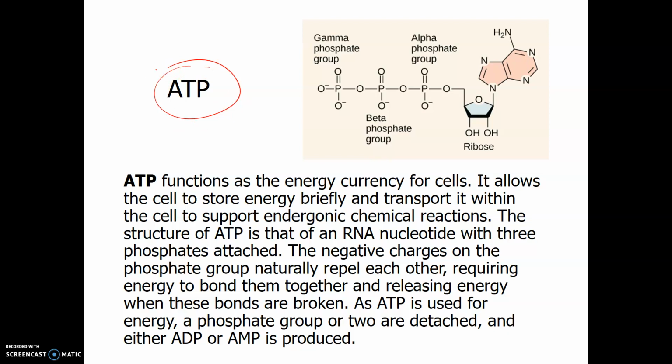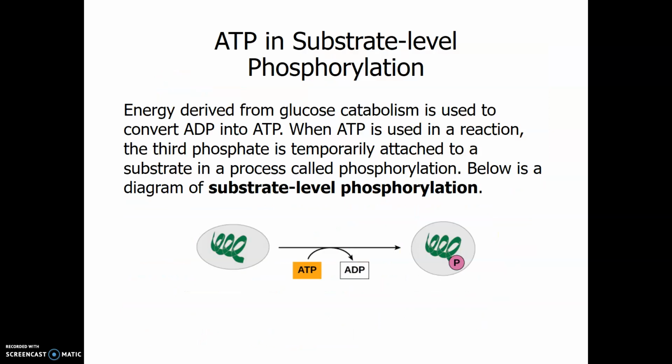And ATP is the energy currency for our cells. That means just like we use money to buy things, we use ATP for energy. It's like we use ATP to buy energy. The more ATP we have, the more energy that our cells have to carry out the processes of living.